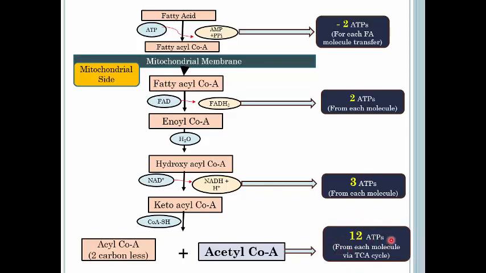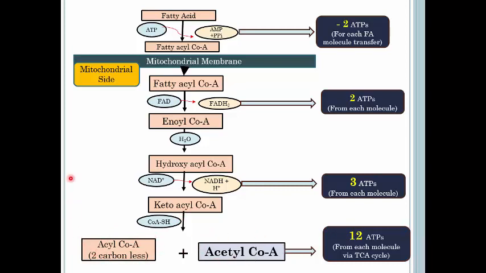Okay, so when we talk about palmitic acid, that is a 16 carbon compound. For activation of palmitic acid, 2 ATPs were utilized. Once it has entered into the mitochondria, it undergoes this reaction for the first time. So it will form the 14 carbon compound and one molecule of acetyl-CoA.